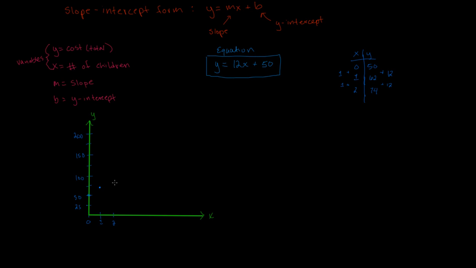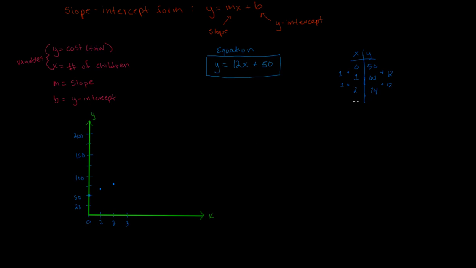Actually, that's a little lower, and let's make that other point a little bit lower too. Right about there. And then we'll make point 2 directly on 75. That's better. And then 3.